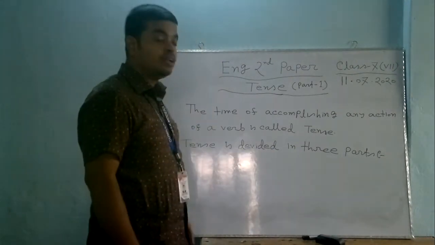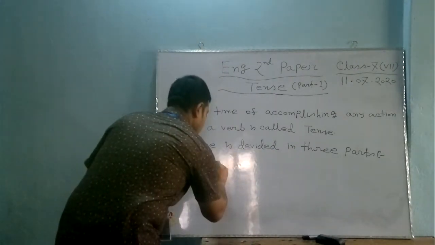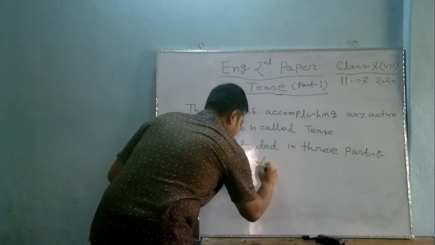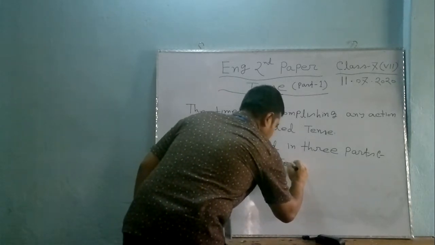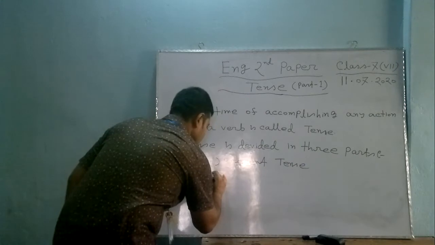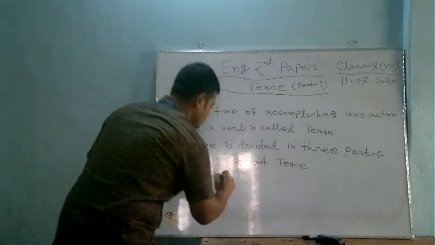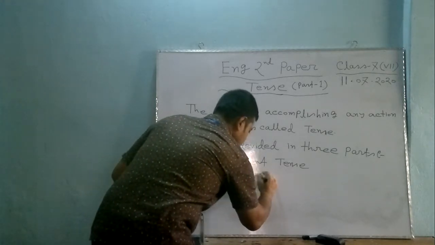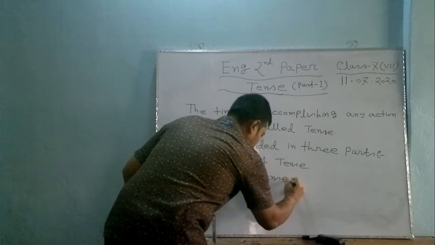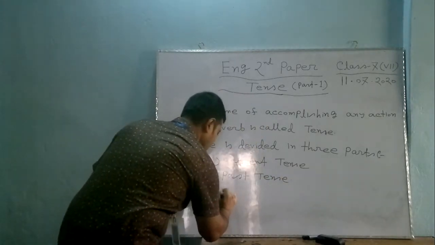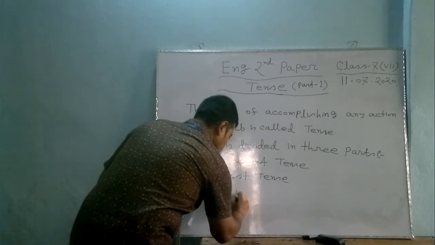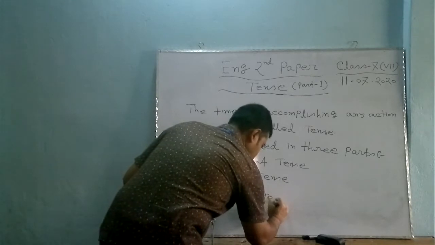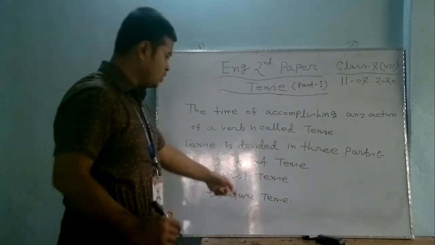Tense is divided into three parts. The first part is called present tense, the second part is called past tense, and the third part is called future tense.